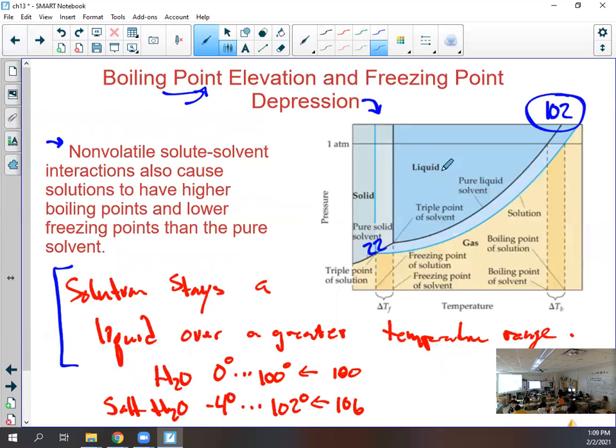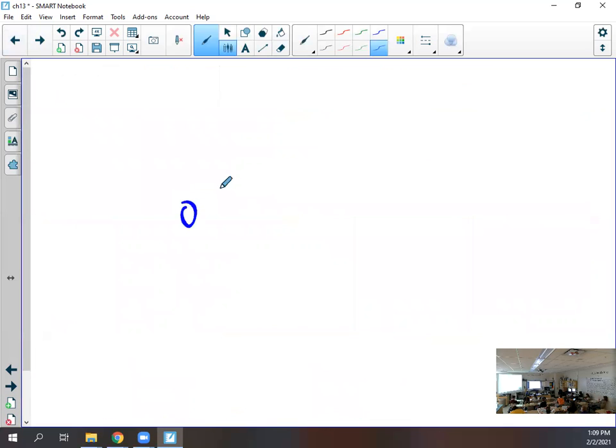All right, so depression. We all know where that comes from. When something freezes, everything locks into place, right? If I add a solute, things get in the way of these bonds.